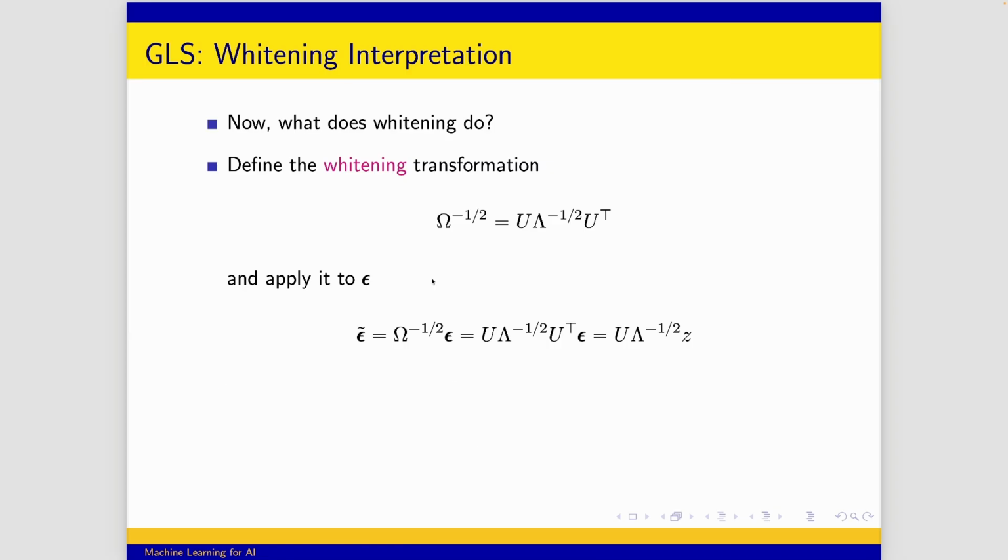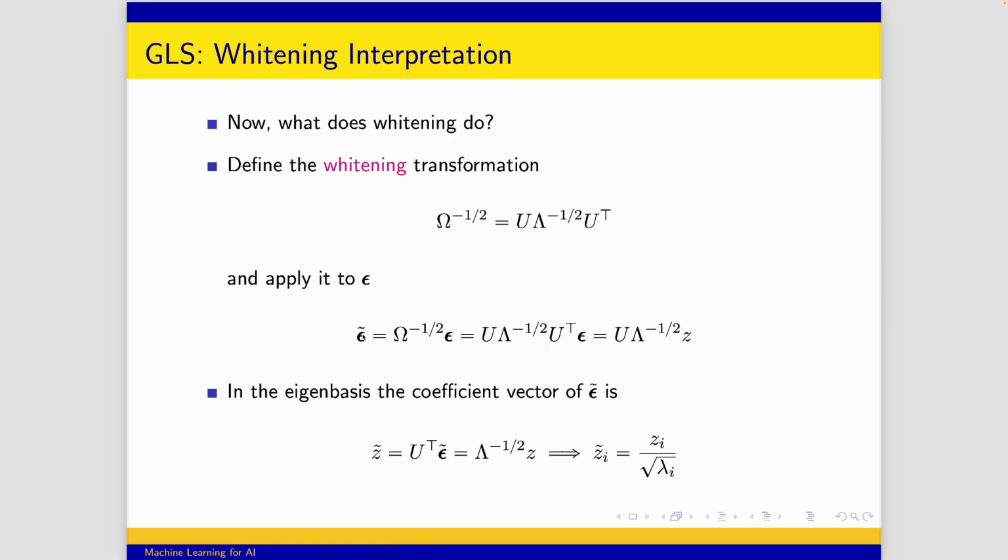Now, what does this look like in the eigenbasis? What is the coefficient vector of this in the eigenbasis? Well, we apply the same transformation. It will be given by U transpose times epsilon tilde, which is U transpose times this thing here. But U is unitary, so U transpose U cancels to give us the identity. It's just this, so we get this.